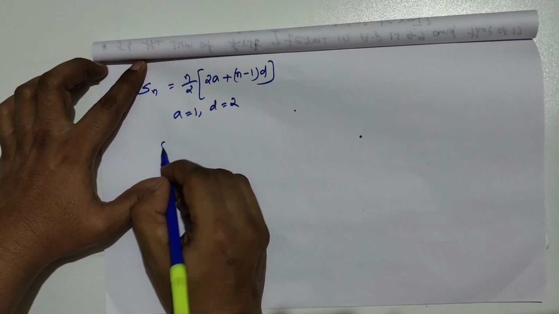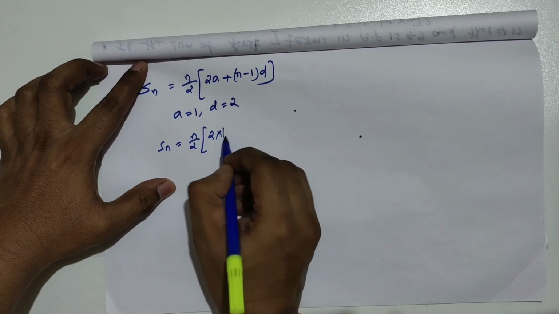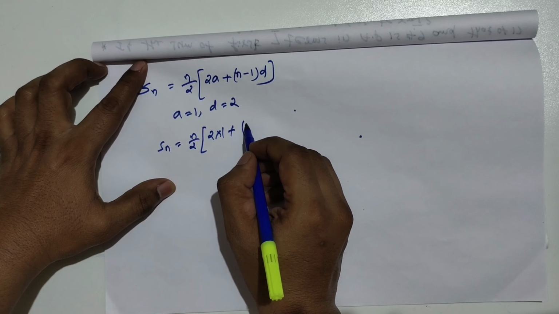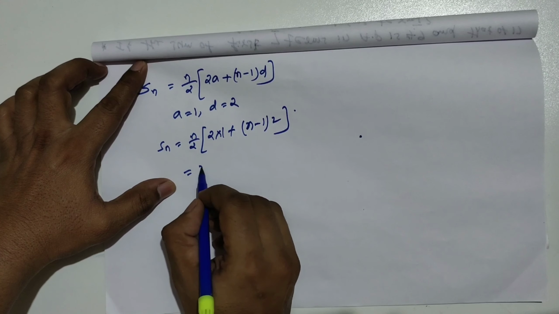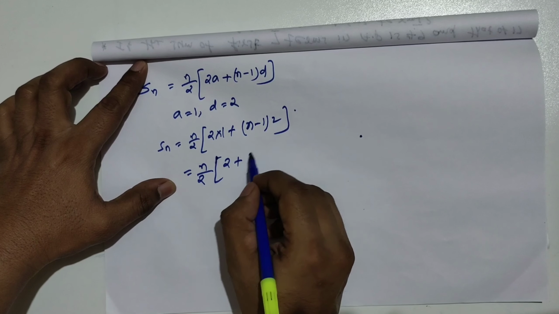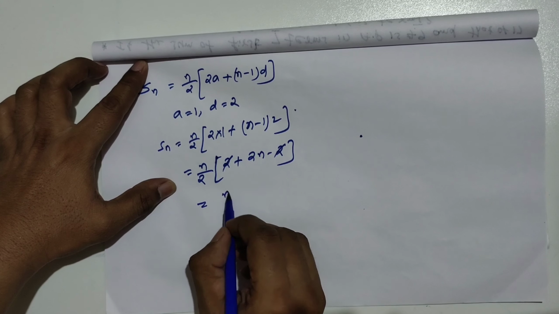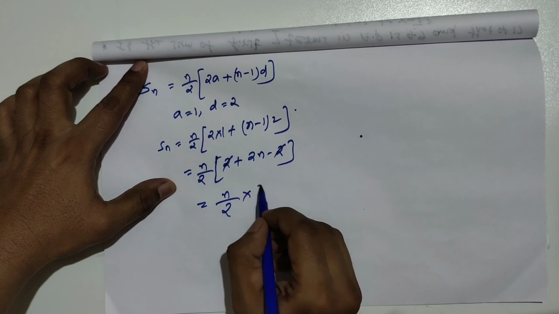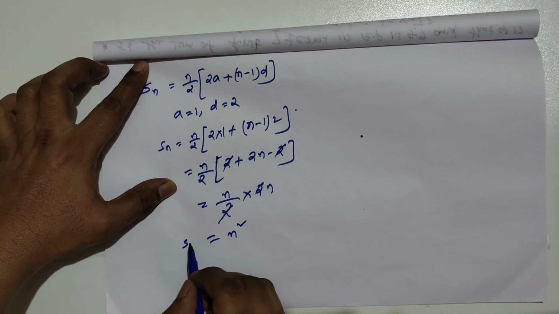Now substitute: Sn is equal to n by 2 into 1 plus n minus 1 into 2. So n by 2 into 2 plus 2n minus 2. 2 gets cancelled. We get n by 2 into 2n. 2 gets cancelled. We get n square.